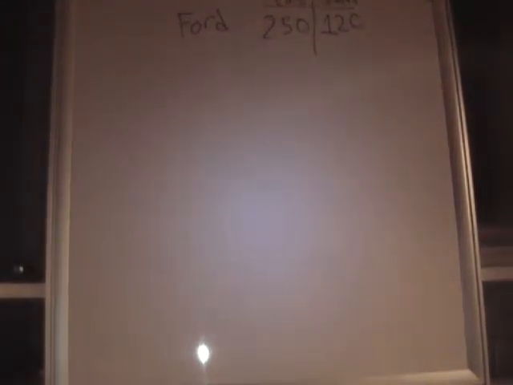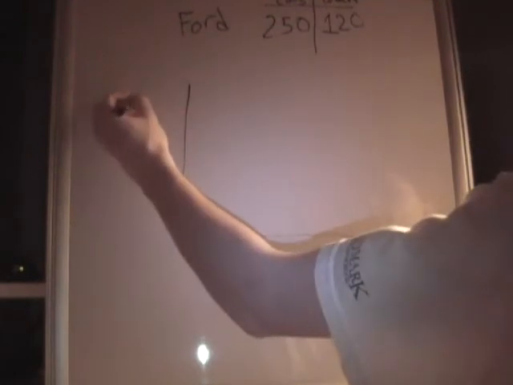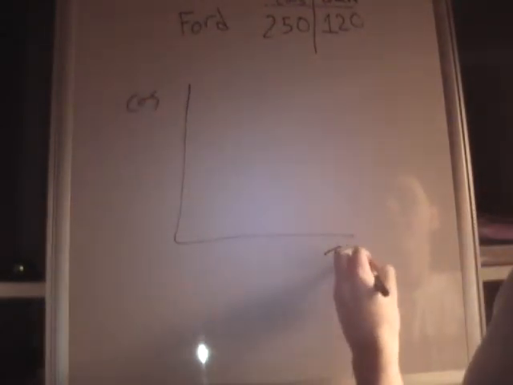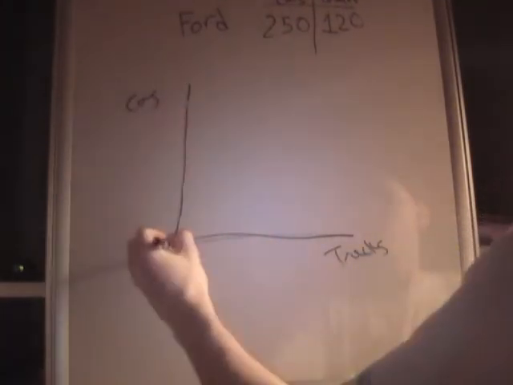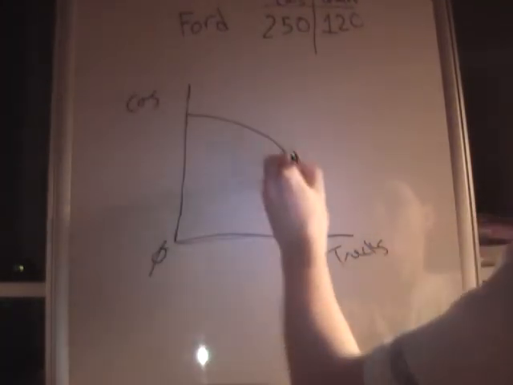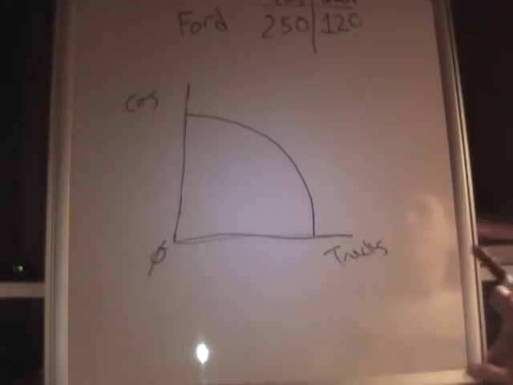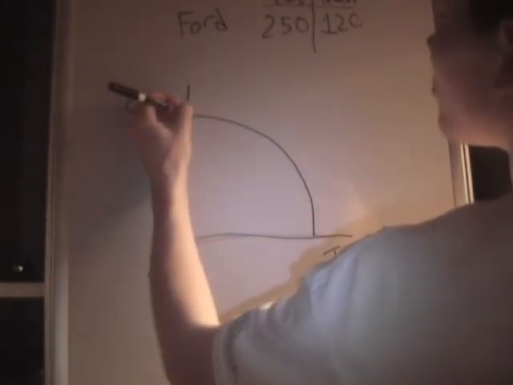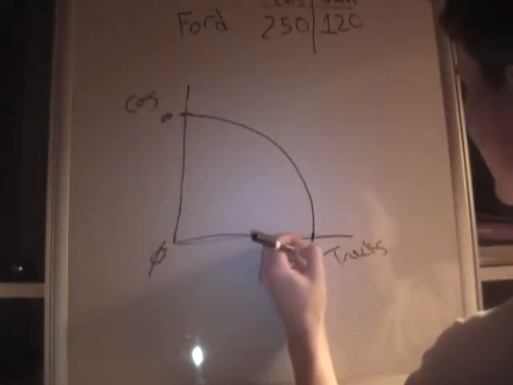To draw this out, it is very simple. This is not complicated. What you're going to do is you're going to draw your first quadrant graph with cars and trucks. And all you have to make sure is that you label this 250 and this 120.